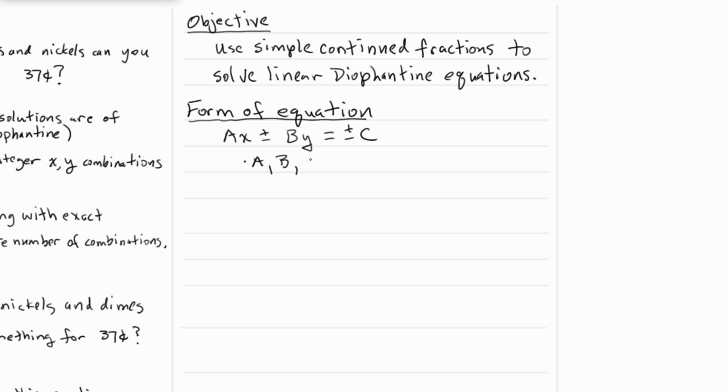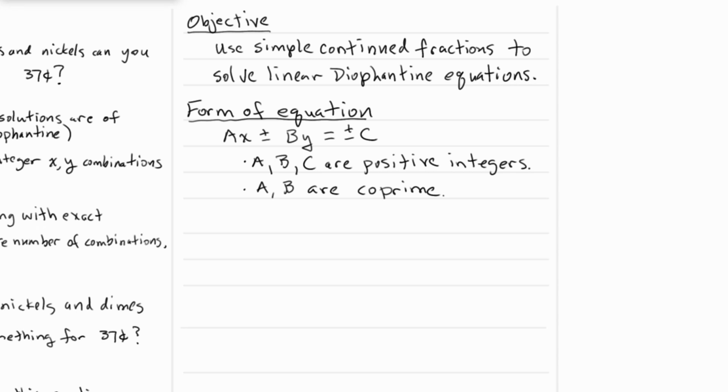A, b, and c are positive integers, and also a and b are coprime. This means their greatest common factor is 1, which keeps us from violating that rule we just mentioned, that the greatest common factor of the coefficients must also be a factor of the right-hand side. By requiring that a and b are coprime, we know that their greatest common factor will be 1, so it will be a factor of c.